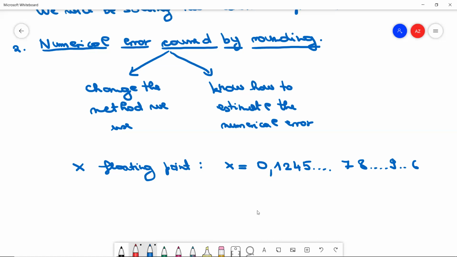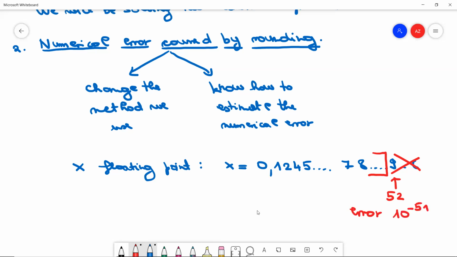So let's say that from here, we just forget about this part. And it seems that we didn't make a big mistake with forgetting this. Let's say that this is on the 52nd place. So our error is at most 10 to minus 51.